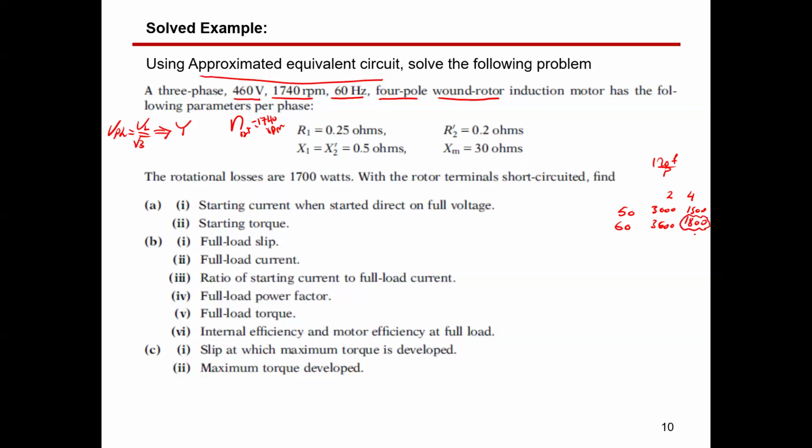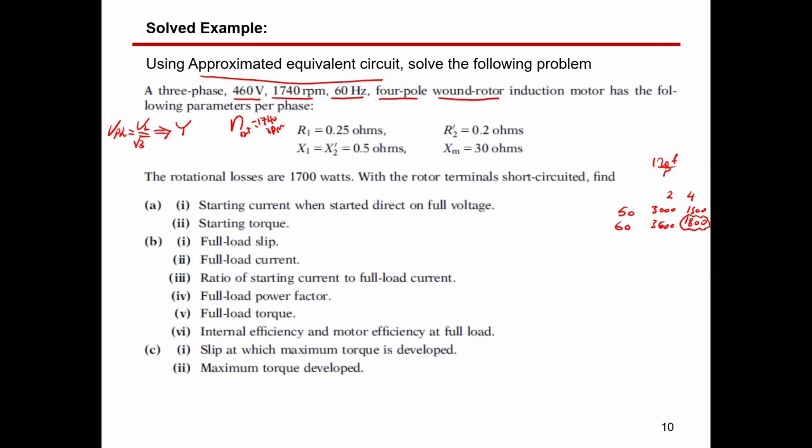And 1800, it has to be 4 poles. This means, guys, in some questions, this number may not be given if you have this speed, because you can figure out that the number of poles here has to be 4. It's impossible to be 2. It's impossible to be 6 because this is rated speed.